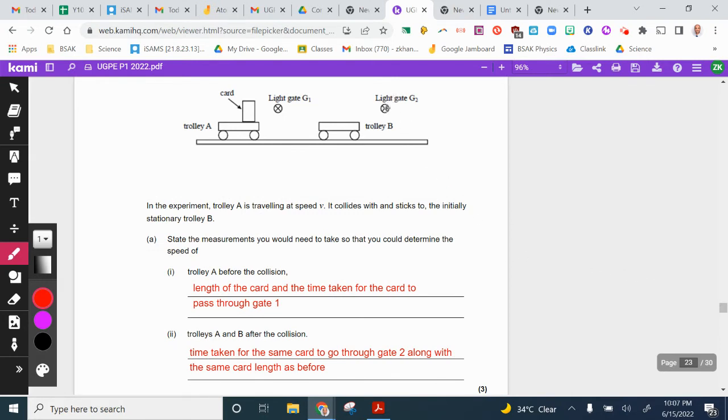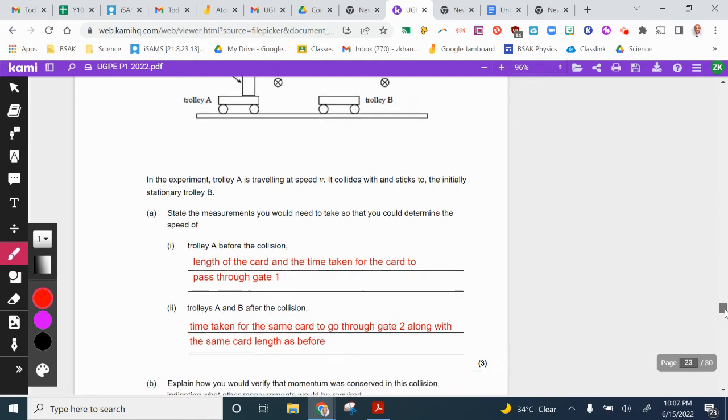So we'll have the time trolley A went through light gate 2, and we'll have the length of the card as we've already got, and using those distance and time measurements we can work out the speed of trolley A, and because it's stuck to trolley B, that will be the speed of trolley A and B together.